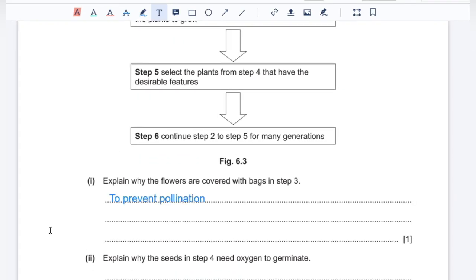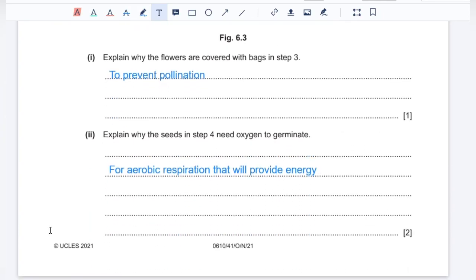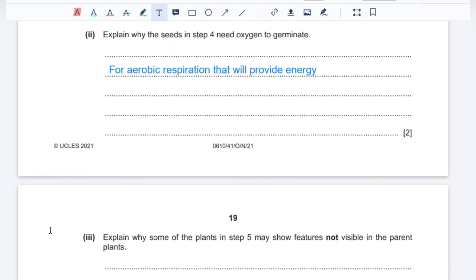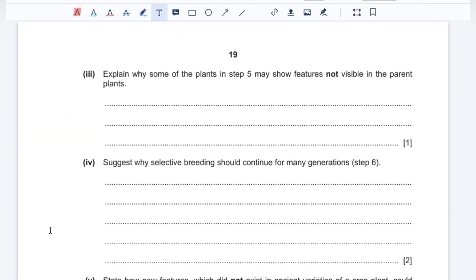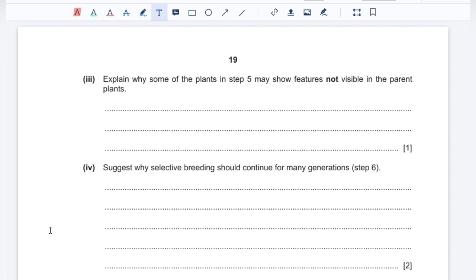2. Explain why seeds in step 4 need oxygen to germinate. So for the seeds to germinate, they would need oxygen for aerobic respiration, which will provide energy, and this energy will be used by the plant to grow. 3. Explain why some of the plants in step 5 may show features not visible in the parent plant.